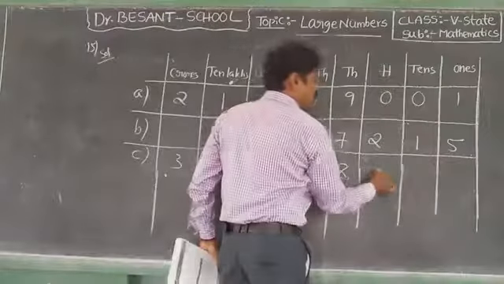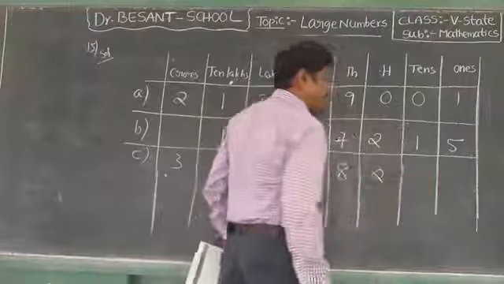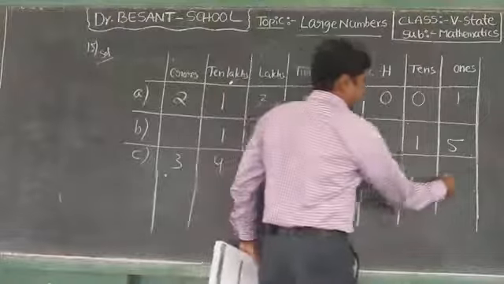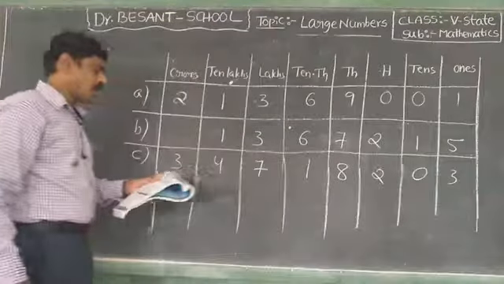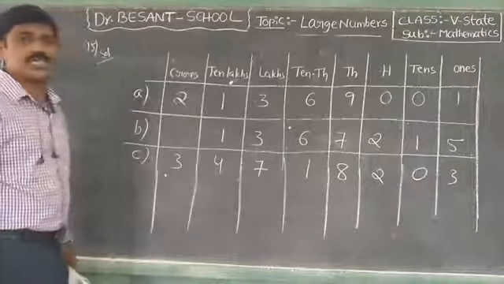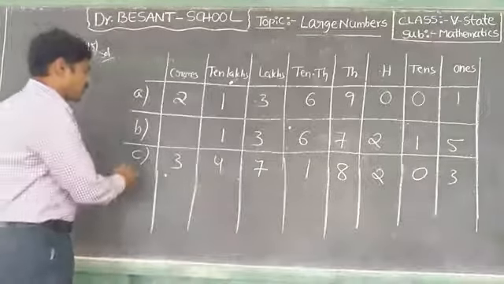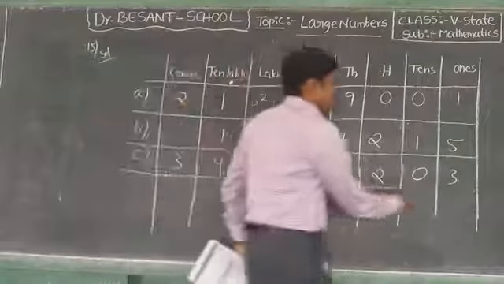So 100 plus 200 and 3. And 3 means what we have to write here? 0. 203, so the tens place is 0. So this is the C solution.